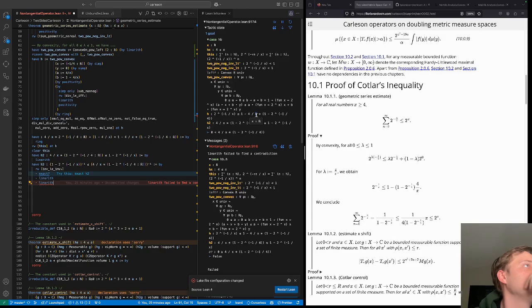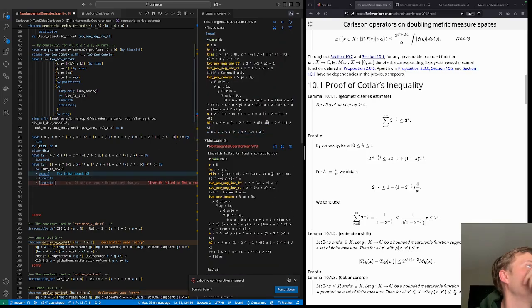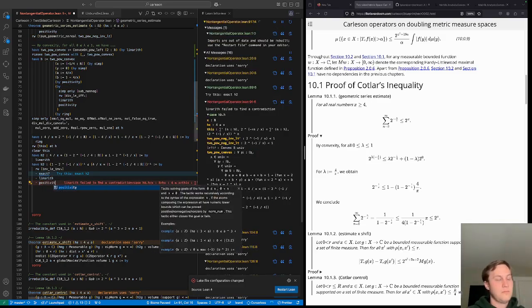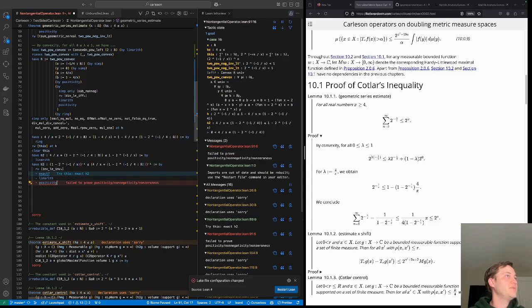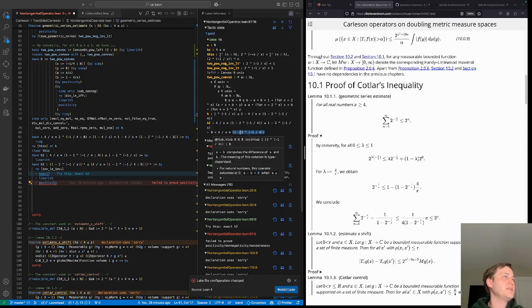We just proved by linarith that this is positive. Oh, sorry, this is for proving something negative. Maybe, okay. No, the point is that this is by positivity. Failed to prove. Okay, I'm not crazy here. This is positive because x is positive, and this is positive because norm_num says so.